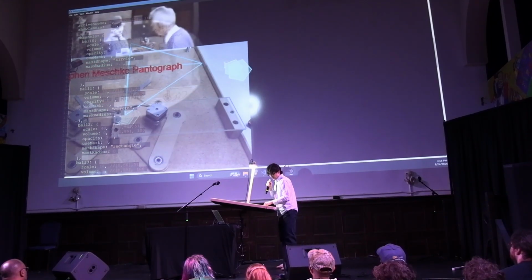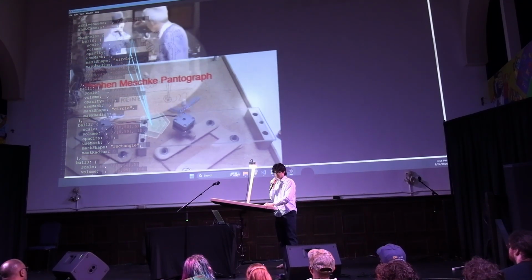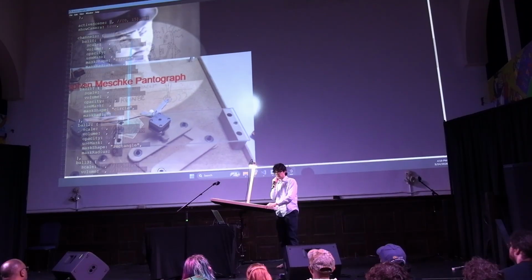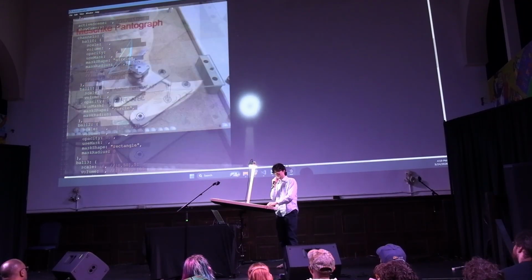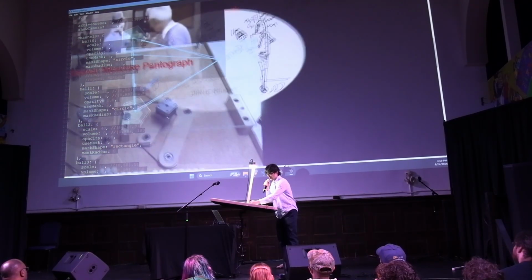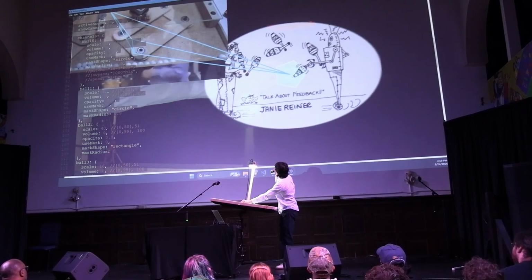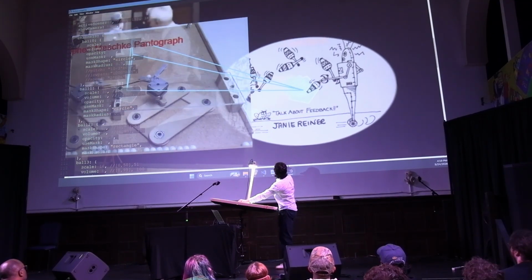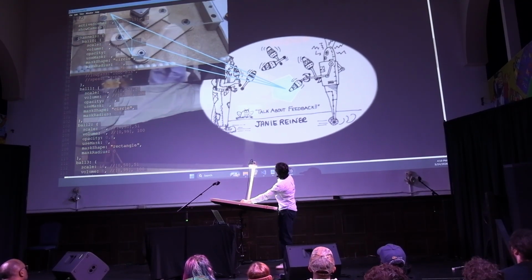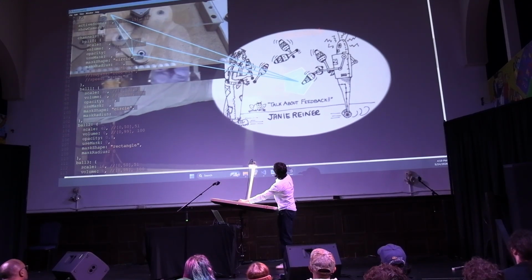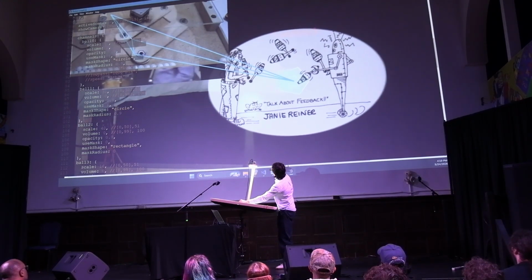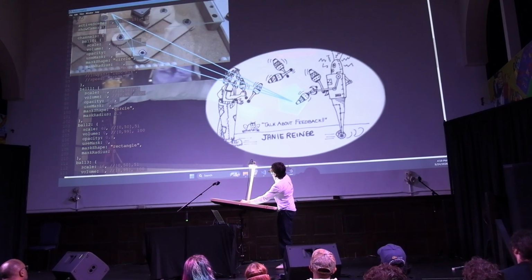I also found it interesting that there's this feedback relationship between building robots that juggle. I found a cool early illustration of that. You can see this robot guy whose partner is juggling. It says "talk about feedback," and feedback is a really crucial aspect of digital communications.